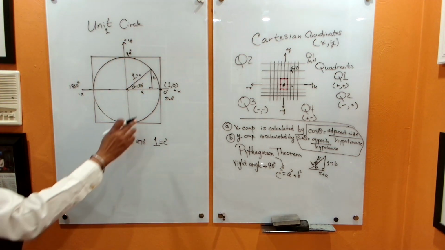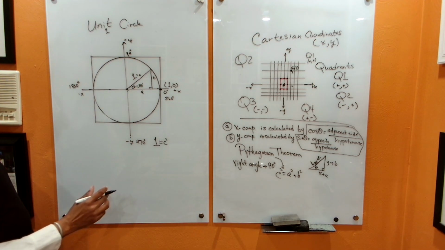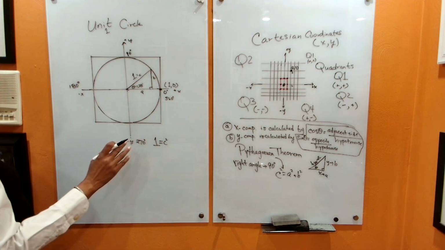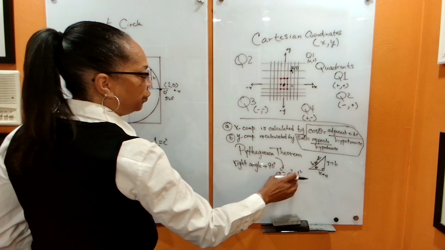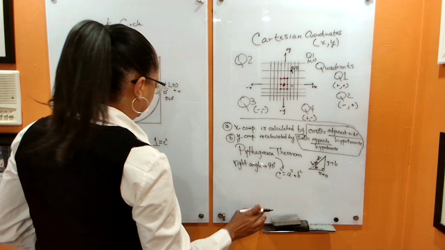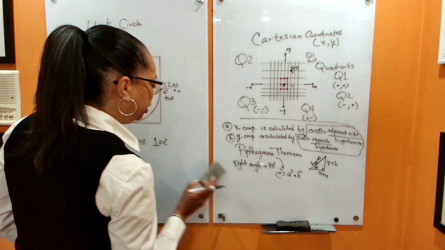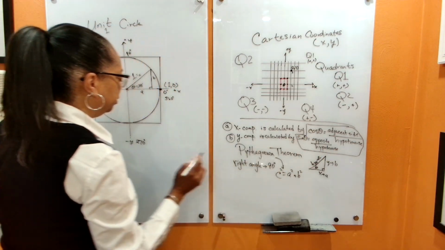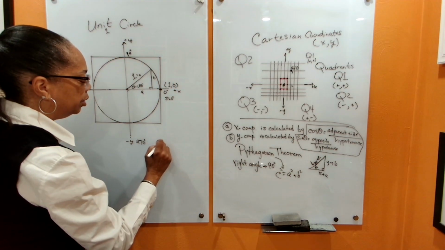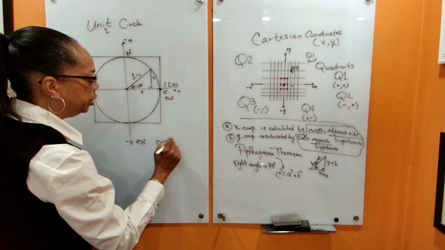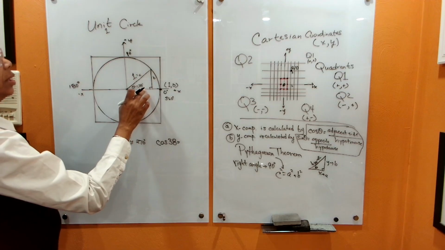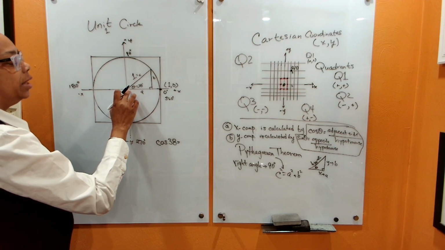We have c squared equals a squared plus b squared. Let's find out what this thing is first. These cosine things. How do we get our a squared plus b squared? We said the cosine of theta, and in this case it is 38 degrees, equals the adjacent side. Adjacent means attached to or next to.